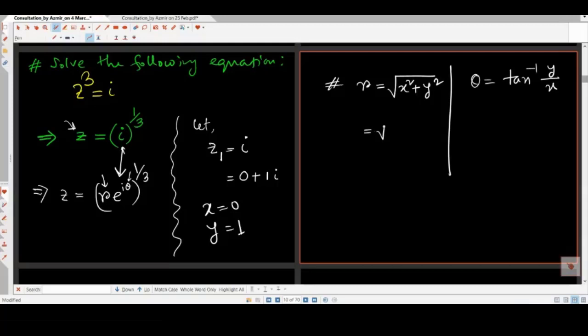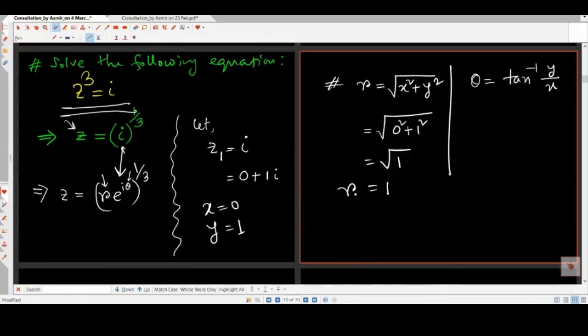Let's try to compute. The value of x is 0, so 0 squared is 0, and y squared, that is 1 squared, is 1, so r equals 1. We have found the modulus r equals 1, and let's find theta.